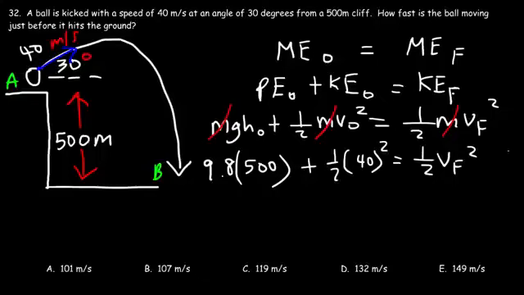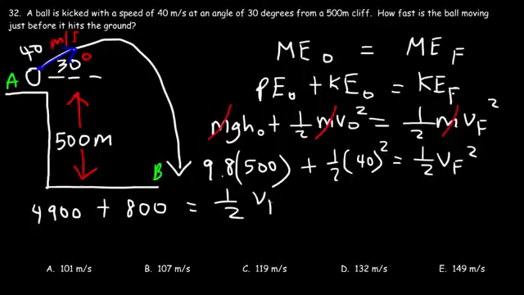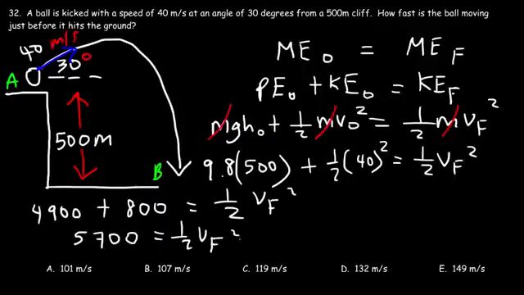9.8 times 500, that's 4,900. 40 squared is 1,600, and half of that is 800. So that's equal to 1/2 times v final squared. Now 4,900 plus 800 is 5,700. Now to get rid of the fraction, we need to multiply both sides by 2.